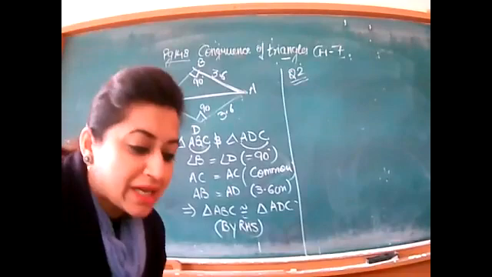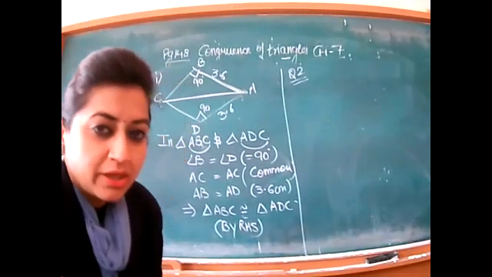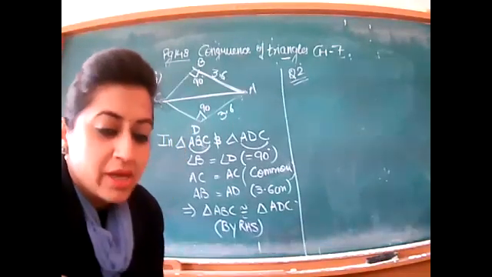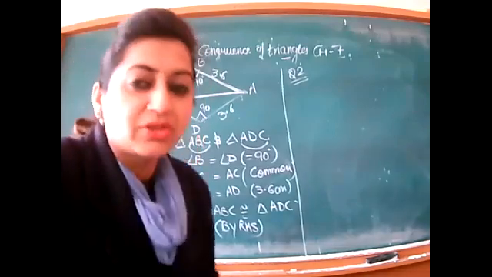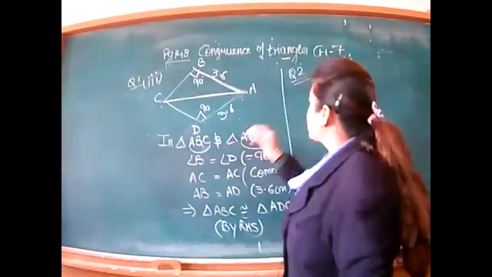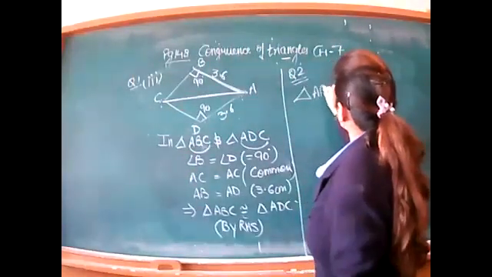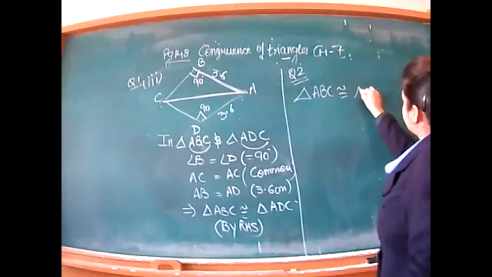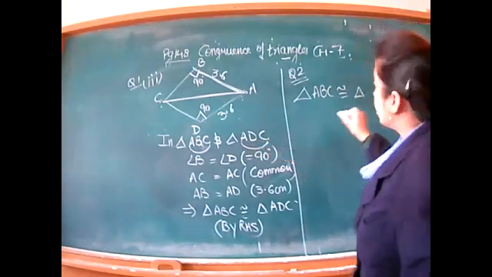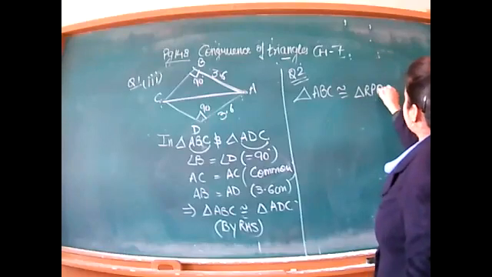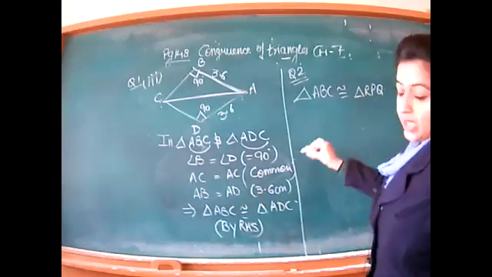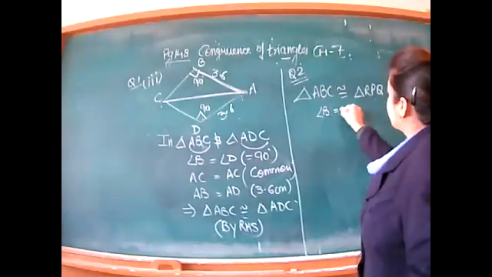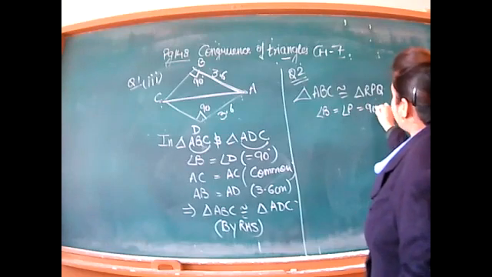Now, Drishti, can you tell us question number 2? In question number 2, you are given triangle ABC is congruent to triangle RPQ. Angle B is equal to angle P is equal to 90 degree.